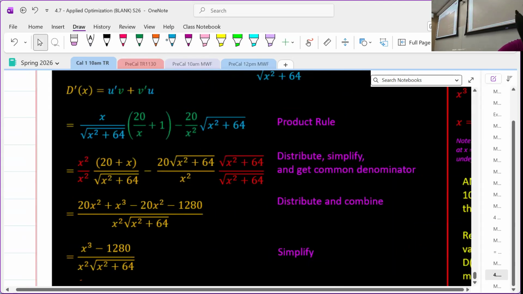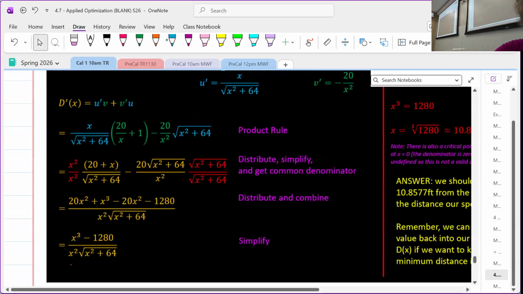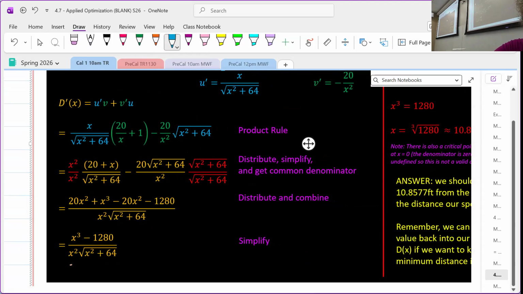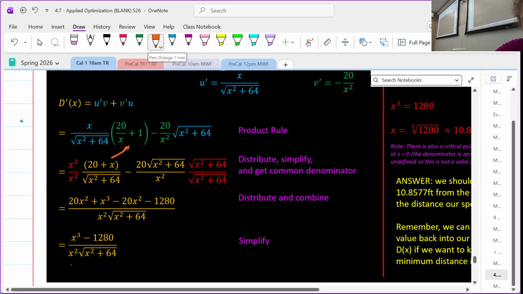So let me zoom in a little more. So here are our pieces programmed in from the results up there. All right, so right here, the 20 over x plus 1, they're multiplying the 1 by x over x.